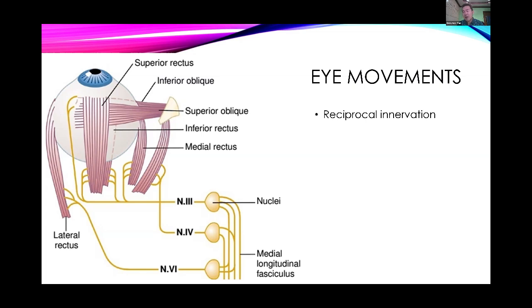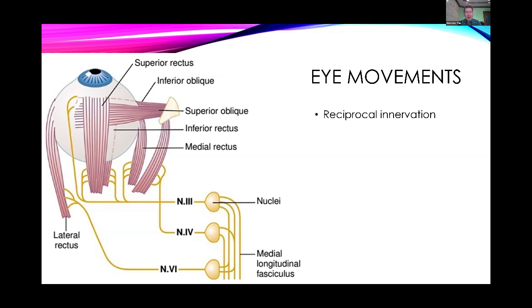I'm looking to the right. What muscle is acting on my right eye? Lateral rectus. What muscle is acting on my left eye? Medial rectus. Lateral rectus of the right eye is innervated by cranial nerve 6. Medial rectus of my left eye is innervated by cranial nerve 3. How can I ask two cranial nerves to work at the same time? That's possible because you have the medial longitudinal fasciculus.